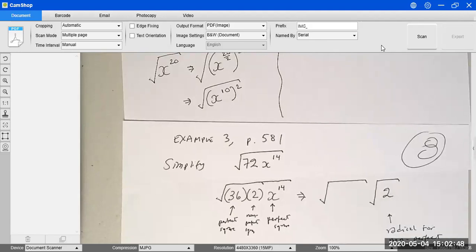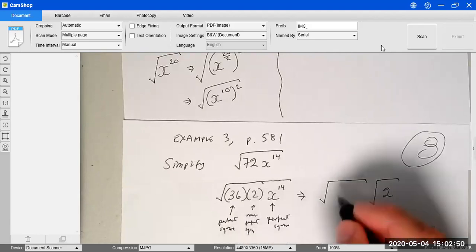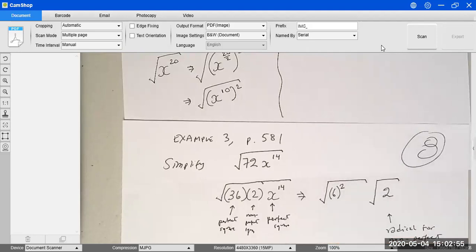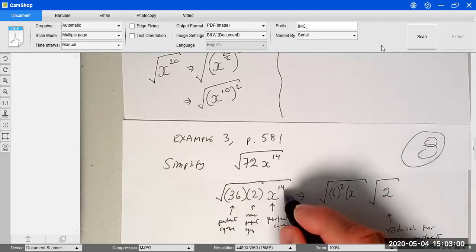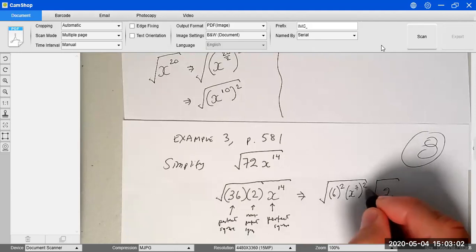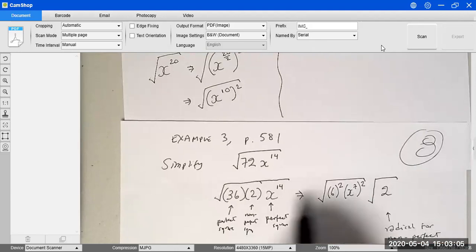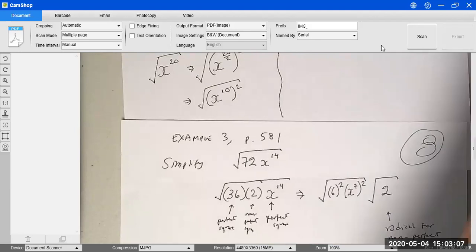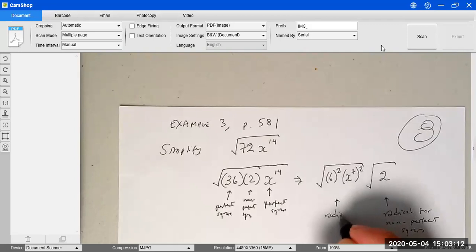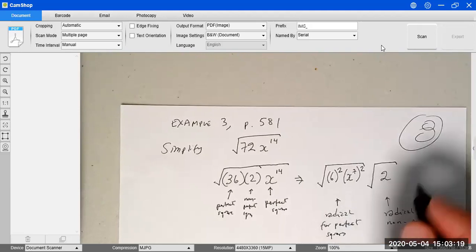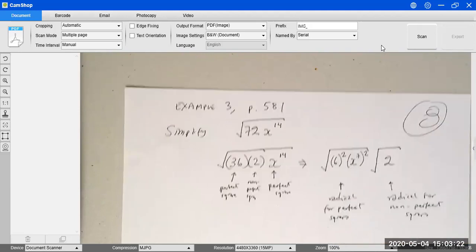Now the radical for perfect squares, I have 36, which is 6 to the second power, and I have x to the 14, which is x, 14 divided by 2 is 7, and this is to the second power. So this is just the rule that I just showed you before. So now you have the first radical containing perfect squares, and the radical containing non-perfect squares.